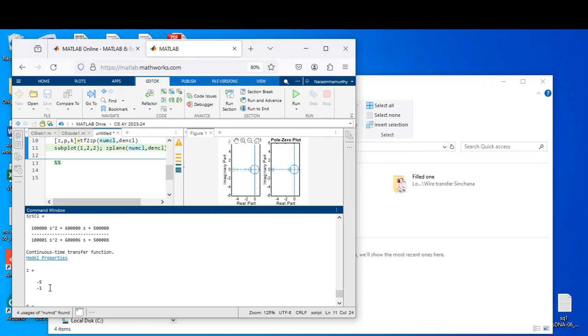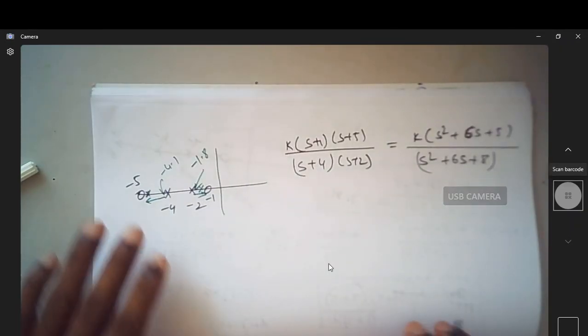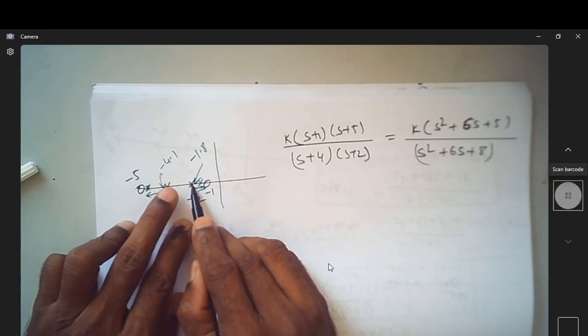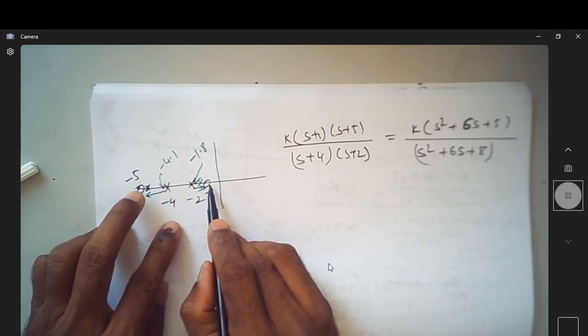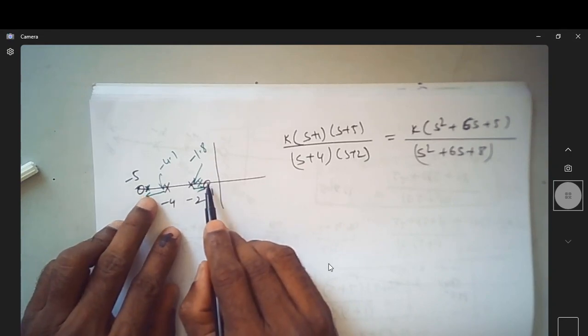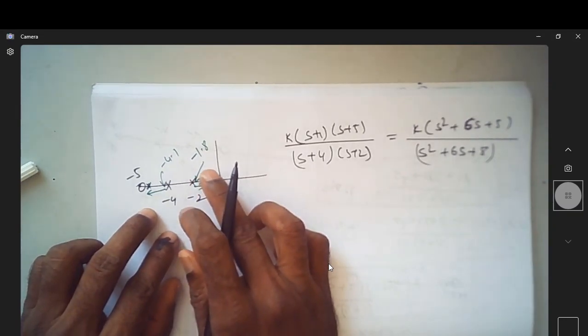So now the point here is, as the value of k keeps increasing, the open loop poles will try to move towards the open loop 0 position. If the 0 is there at a finite value, it will go there. If it is not there, it will go to infinity.